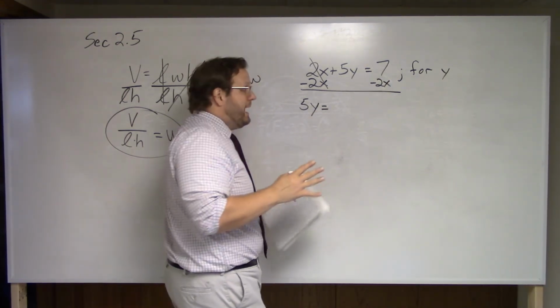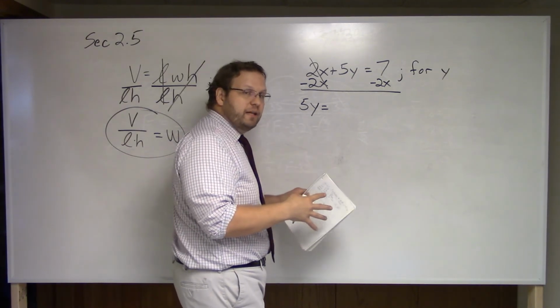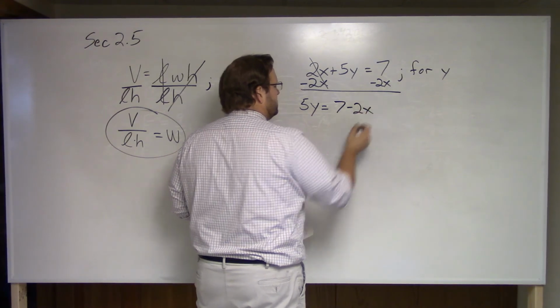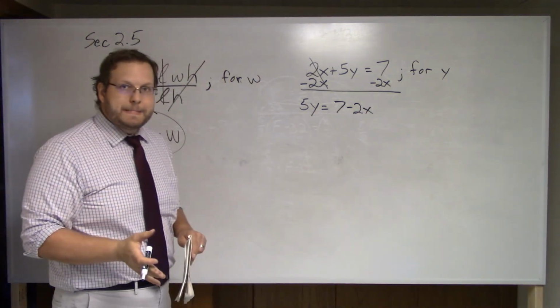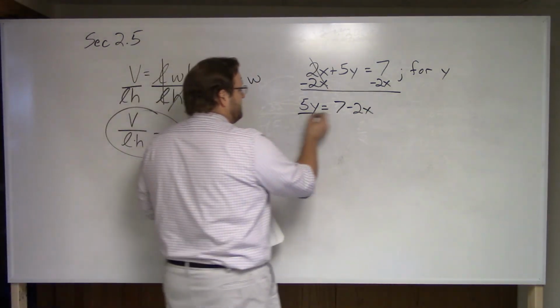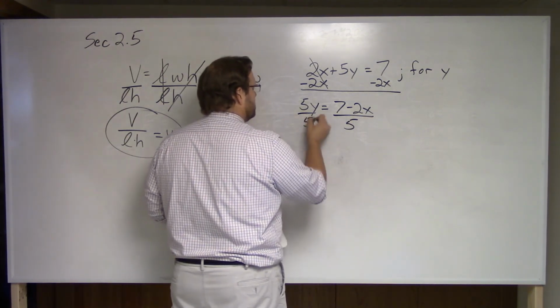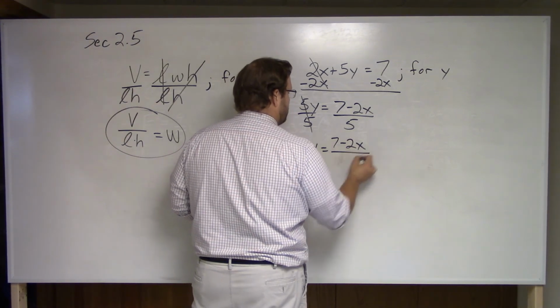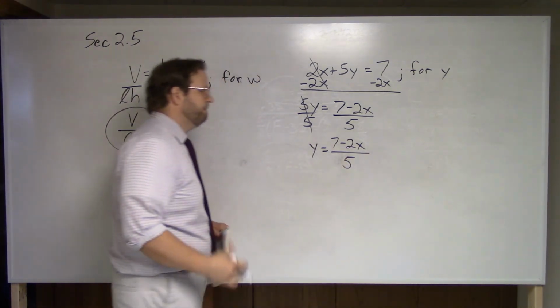That's okay. I'm not going to pull them together and actually evaluate. I'm just going to give a new expression. 7 minus 2x. That's all I have to do. Then I divide by 5. And there we go.